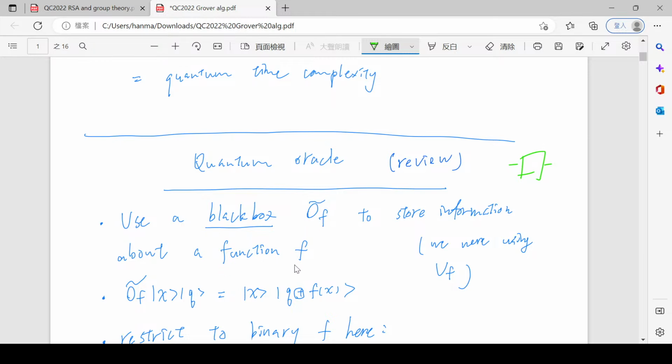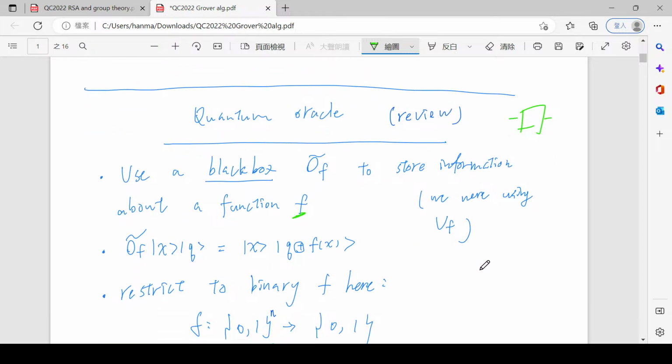F is a function. We change the name a little bit. Previously we called this U_F, but now we call it O_F because it's for oracle, and we give it a tilde for a reason you will see soon. It's just a name. What it actually does is this. O_F tilde has an input register and a record register, the two registers.